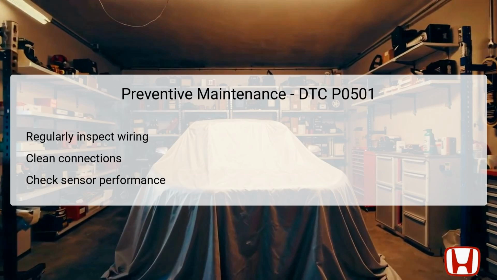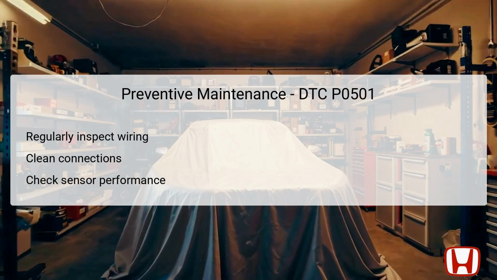Preventative maintenance is key to preventing DTC P0501 and ensuring long-term performance of the CVT system. Regular inspections of the wiring associated with the CVT speed sensor can help identify early signs of wear or damage that could lead to significant performance issues.